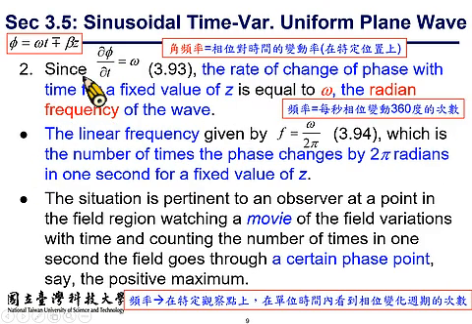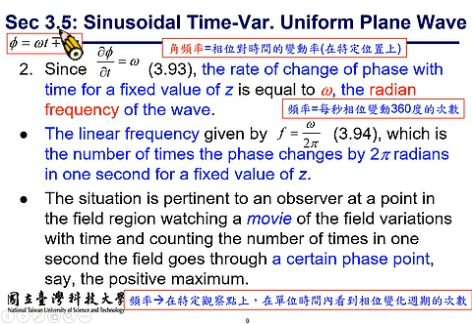Okay, the second observation is if you take the derivative of the phase, that is del phi over del t. You take the time derivative of the argument, you end up with omega. That is the angular frequency.